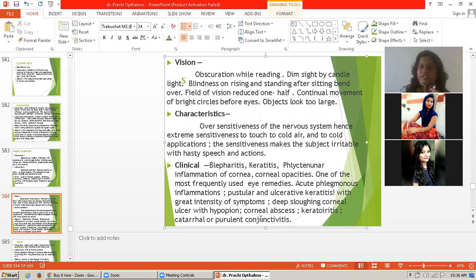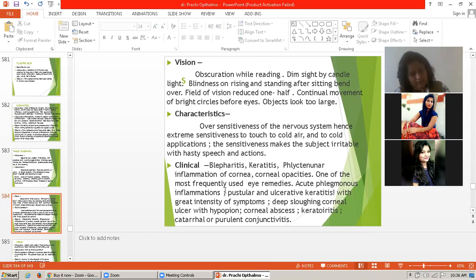So it is useful in corneal abscess, keratitis, cataract or purulent conjunctivitis. Also, Hepar sulph is useful in diseases of the lacrimal apparatus when there is inflammation of the lacrimal sac, in dacryocystitis, dacryoadenitis, and lacrimal fistula.